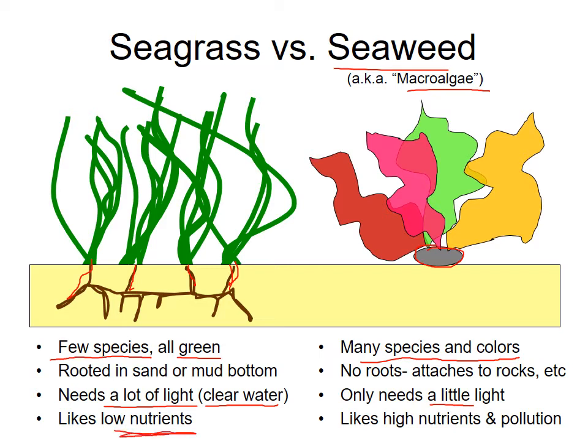In a high nutrient environment, macroalgae and microalgae as well have an advantage. They grow very fast and they block out the light and smother the seagrasses. So in an environment that's getting polluted with an excess amount of nutrients, you tend to have displacement of seagrasses by algae, which grow over and smother the seagrasses.